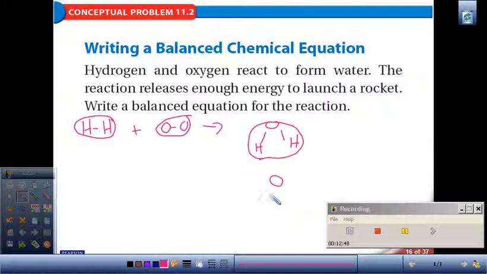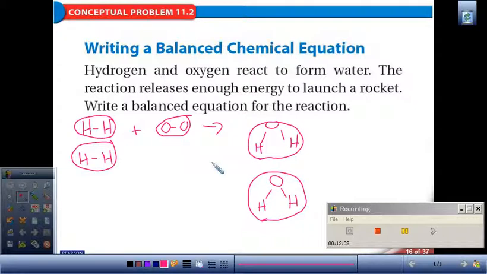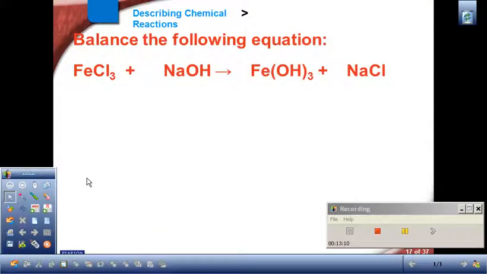Well, I need another water. It's a package deal. I got to get the whole thing. So now my oxygens are balanced 2 and 2, but now I have 4 hydrogens, so I need 4 coming in. So this is the same thing as my equation, but that's kind of what it would look like. All right, go ahead and balance this one.